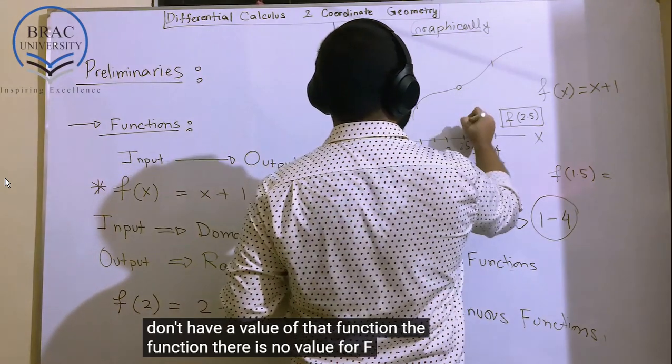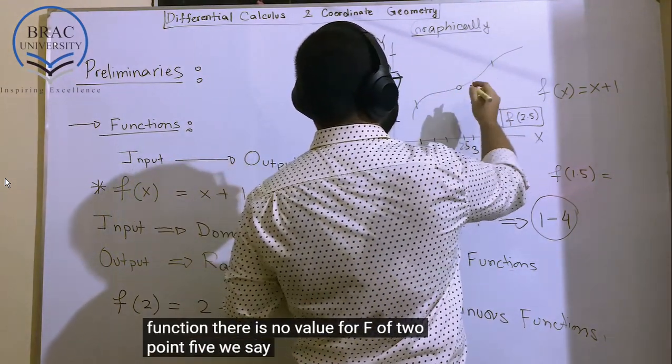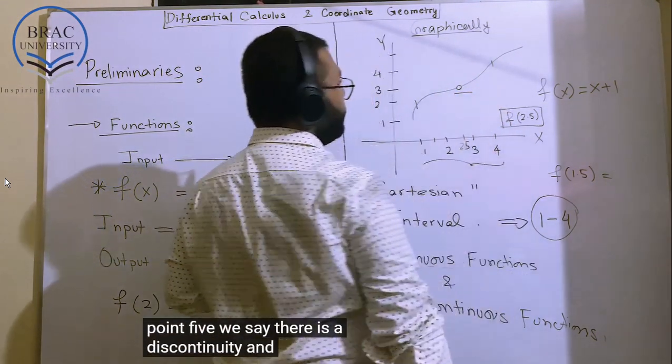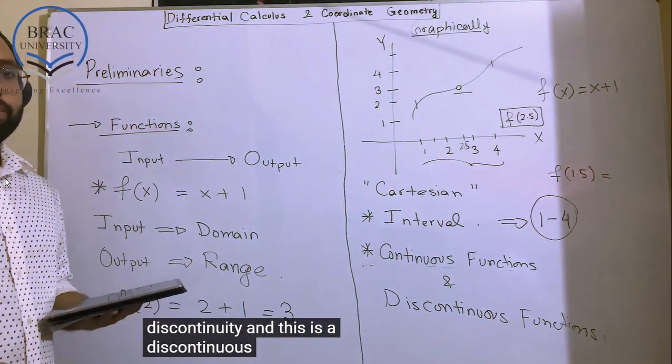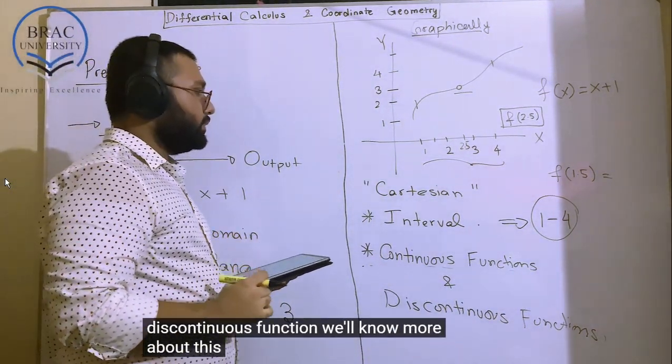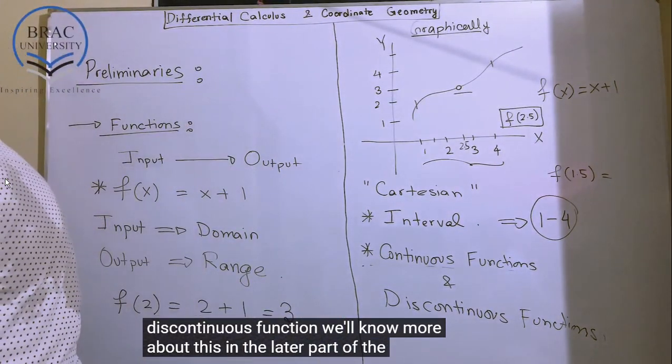There is no value for f of 2.5. We say there is a discontinuity, and this is a discontinuous function. We'll know more about this in the later part of the course.